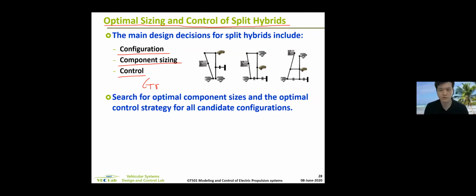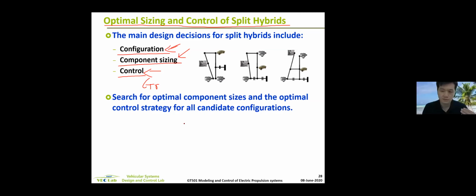We can optimize the sun gear, ring gear, and planetary gear ratios, which can change performance. That is also coupled with control, which is also related to component size, and then architecture and configuration. So there are many design variables.